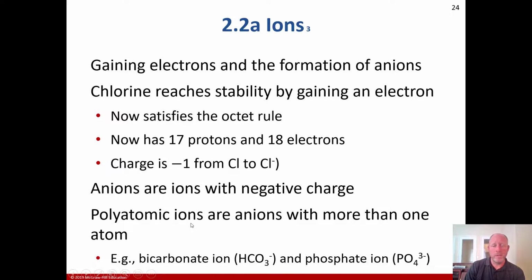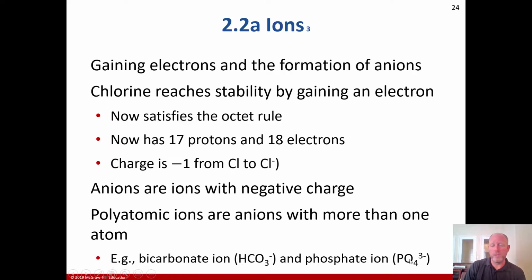Polyatomic ions are anions with more than 1 atom. Very common in chemistry. You'll see not such a basic recognition of just Cl- or Na+, but more specifically some like a bicarbonate ion and phosphate ions, which are natural buffers in the blood. Basically, we have the hydrogen, we have carbon, we have oxygen, and we have HCO3 minus, negatively charged, and a phosphate ion also negatively charged because they're both anions, right?